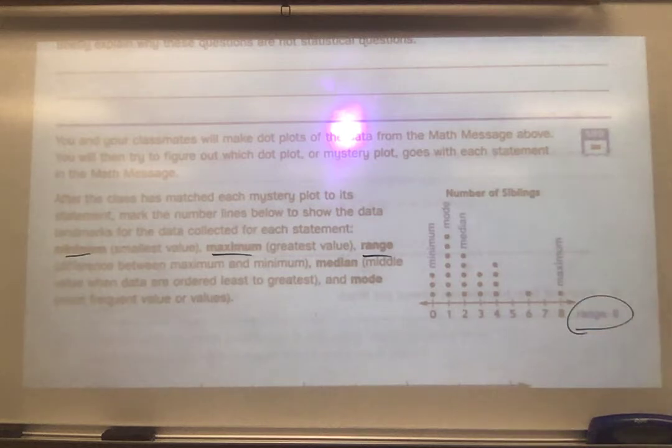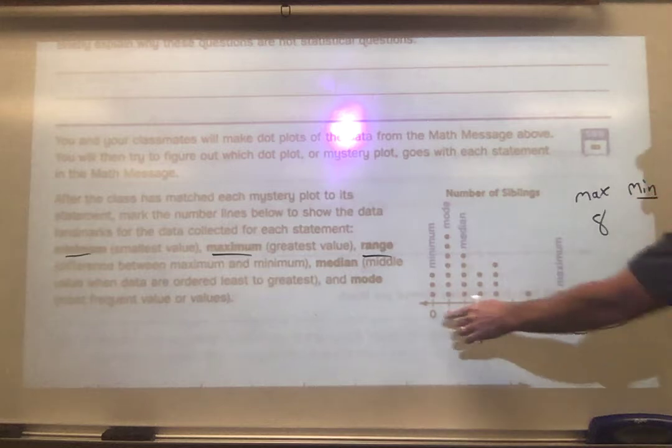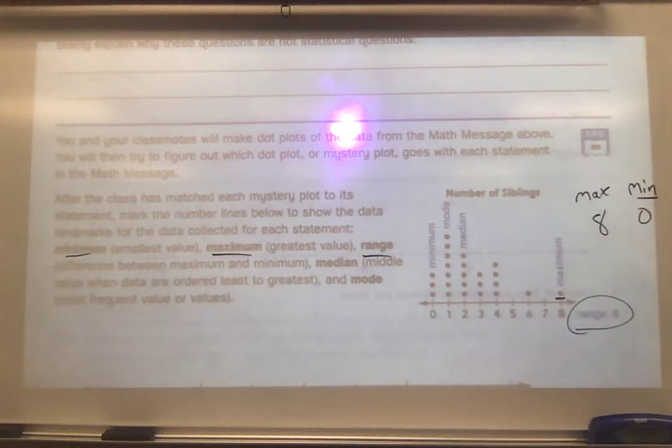And then the last one we're going to talk about here is the range. The range of our data, guys, is the difference between the greatest and the least. So in this case, once I know my maximum is 8, there's my max, and my minimum is 0, I can just subtract those 2, and I've got the difference between the greatest and the least.